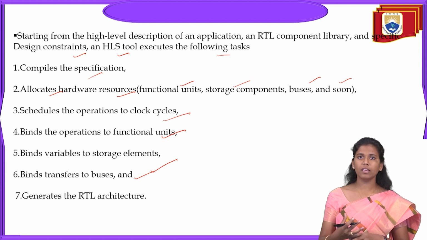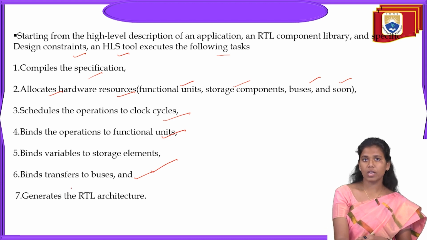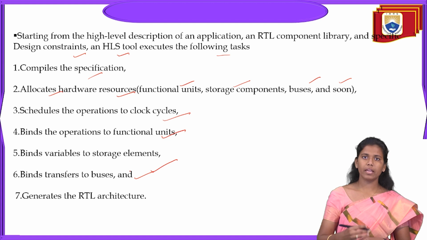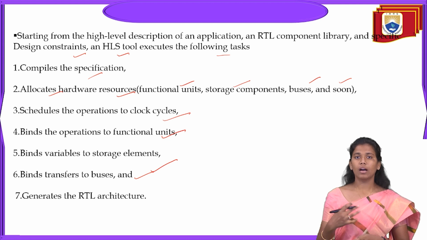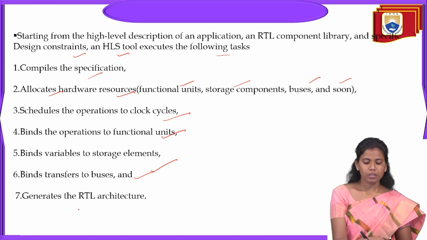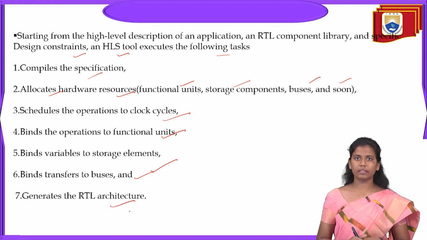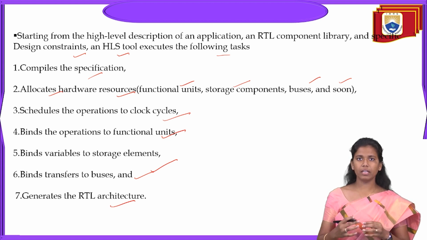And the last task, when you are synthesizing with a high level synthesis tool, is to generate the RTL architecture. Finally, after creating everything, we have to generate the RTL architecture.